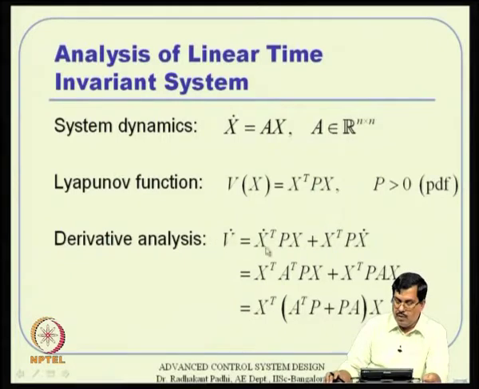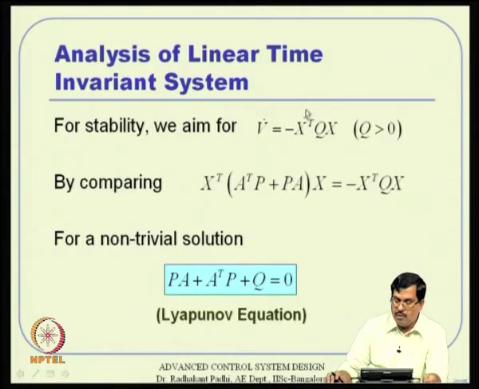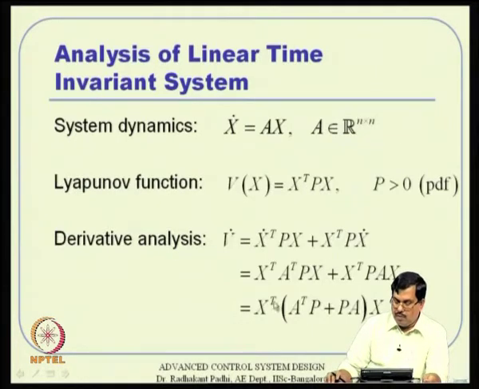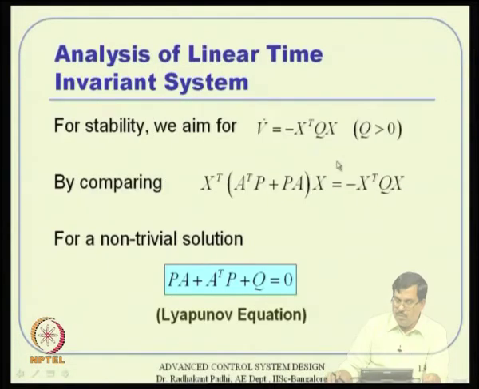Then we saw that V dot, applying the derivative rules, substituting x dot with Ax and x dot transpose as x transpose A transpose, gives something like this. For V dot to be strictly negative definite, we aim for V dot to be of the form negative x transpose Q x, where Q is a positive definite matrix. If that happens, these two expressions for V dot need to be equal for nontrivial x, so we must have the Lyapunov equation satisfied.